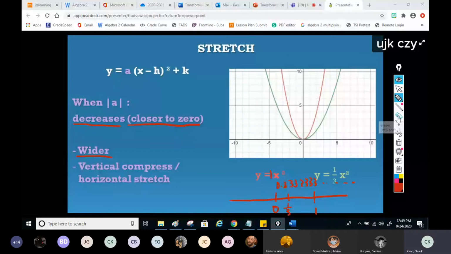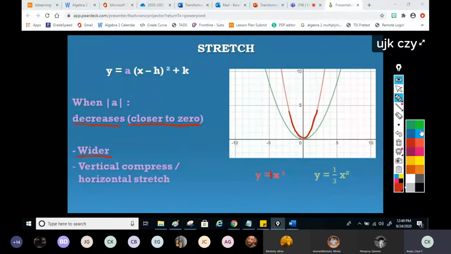And the closer it is to 0, the wider the graph is going to be. The original has a positive 1 in the front. But once I change it to a 1/3, you are looking at a graph that is a little wider, because this number is closer to 0.